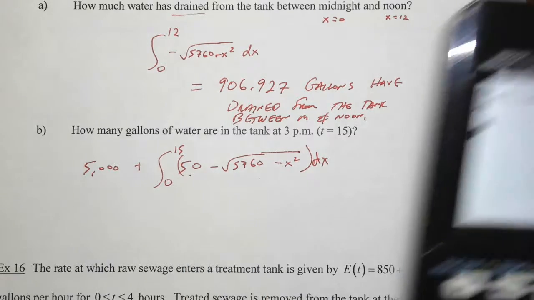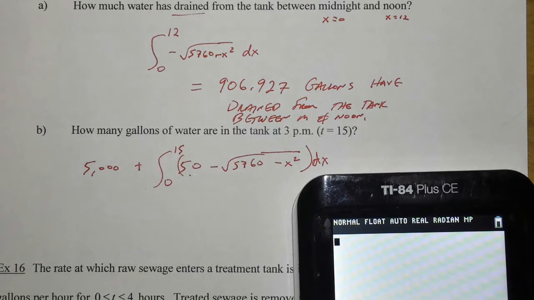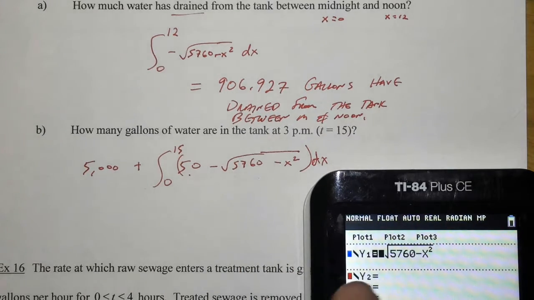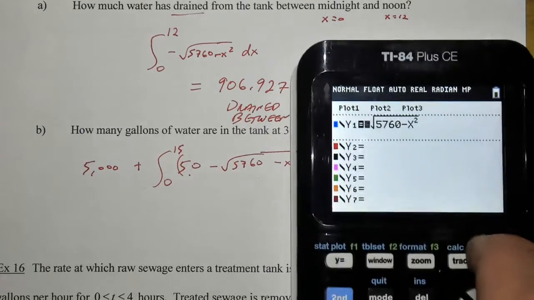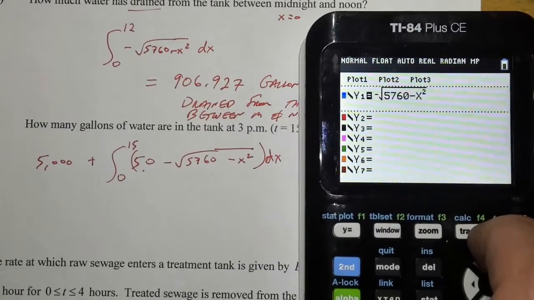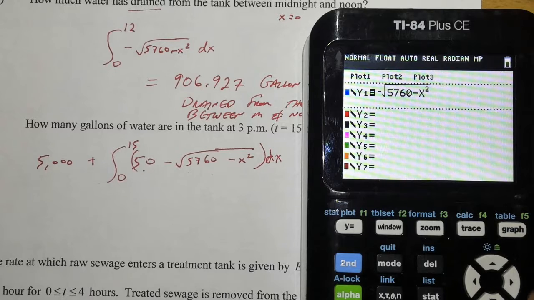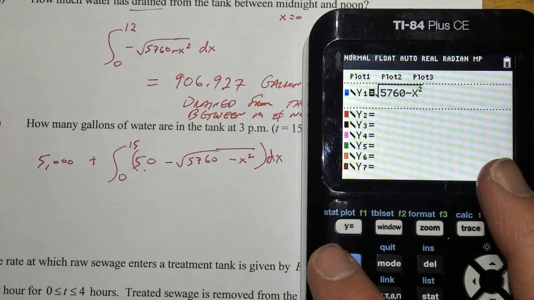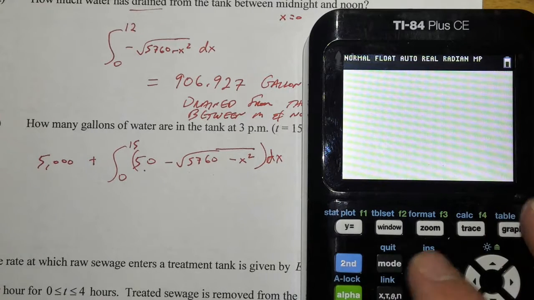So if we head back to our screen, we know that this value right here is located in y1. I'm actually going to just delete this negative sign. Now we're in really good shape, because watch what we can do here.